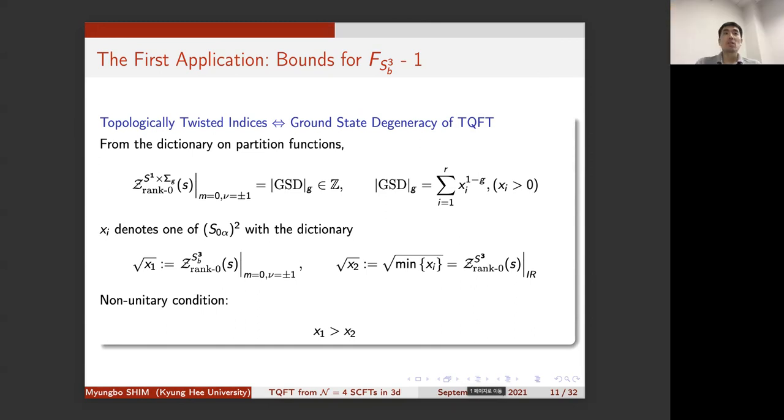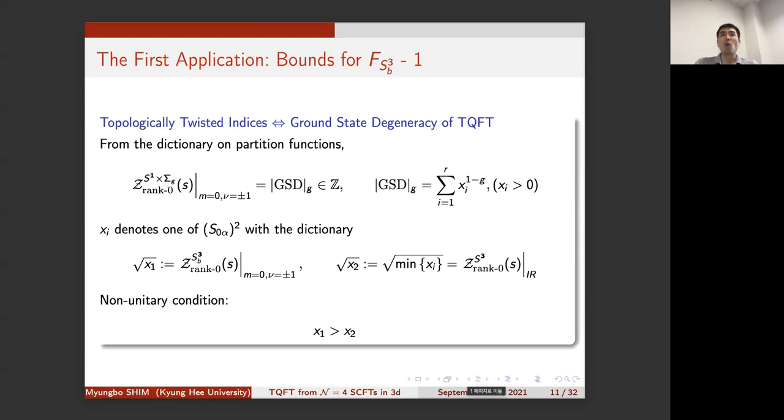I have a question. So this topologically twisted index, when you set sigma_g to be just a sphere, g equals 0, it becomes the Hilbert series of the Coulomb branch and Higgs branch. Yes. But then this rank-0 theory doesn't have a Higgs or Coulomb branch.